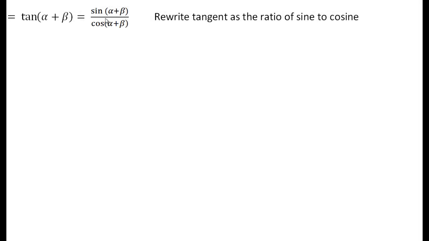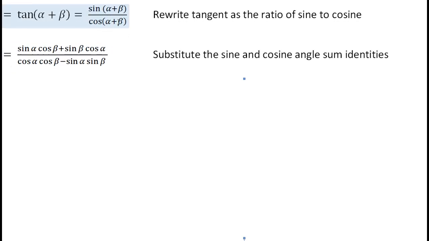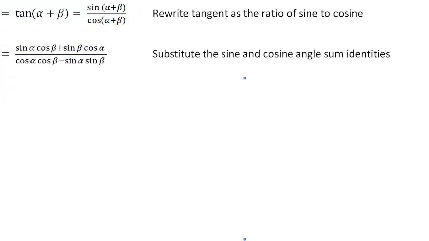We're going to start this proof by using your knowledge that the tangent is equal to the ratio of the sine to the cosine. So we're going to rewrite tangent alpha plus beta as sine alpha plus beta divided by cosine alpha plus beta. Since we already have proven the identities for sine of alpha plus beta and cosine of alpha plus beta, the sine and cosine sum identities, we're going to substitute those in.